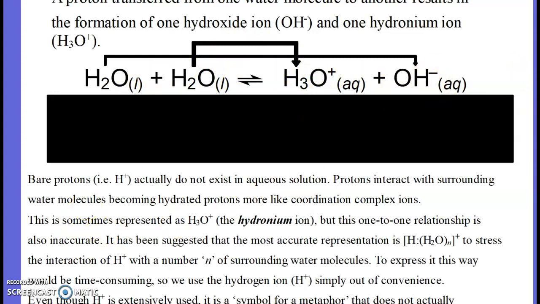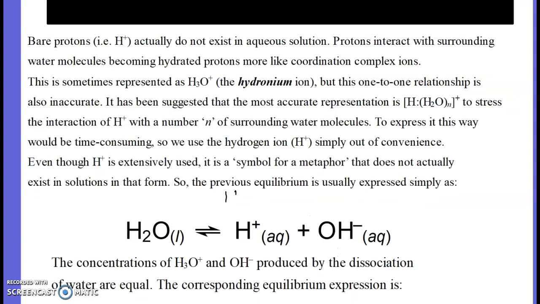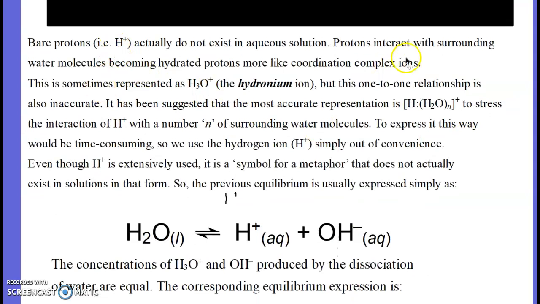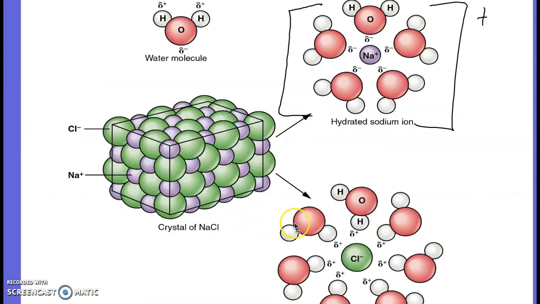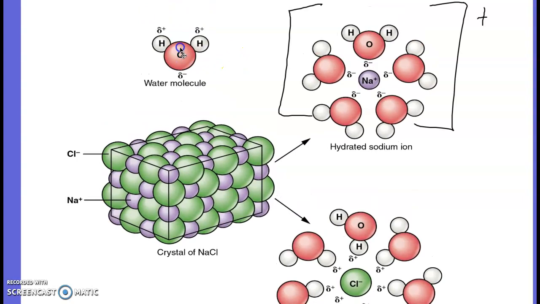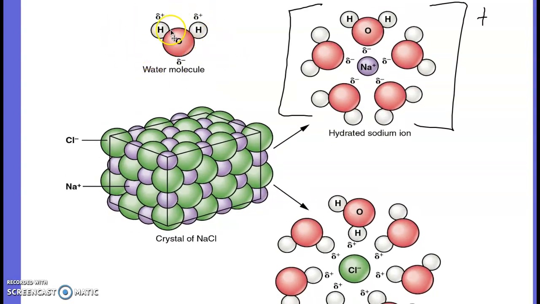This next little part here might be some reading, but I'll kind of read it to you. When you think about this in solution, we've seen this diagram before, when you have a water molecule, here's a picture of the water molecule. Partially positive on one side, negative on the other.